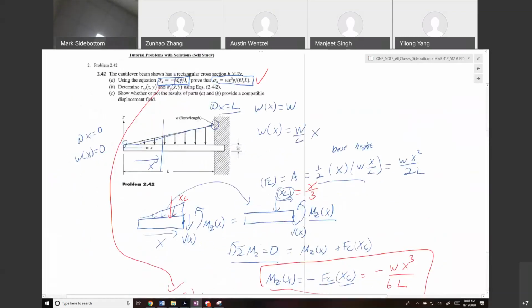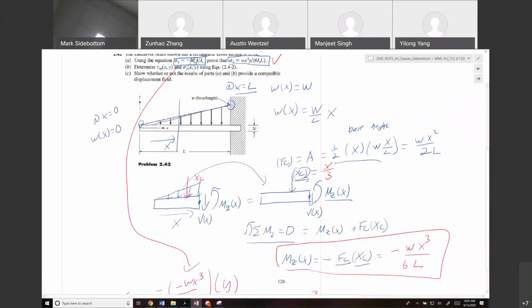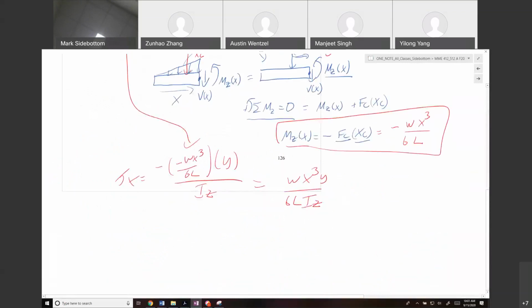So for part B, we were asked to solve for tau xy and sigma y. To do that, we can use our equilibrium equations. The first equilibrium equation we have is this. These are on the equation sheet listed earlier in the packet.